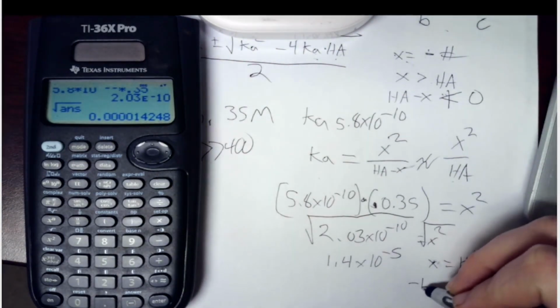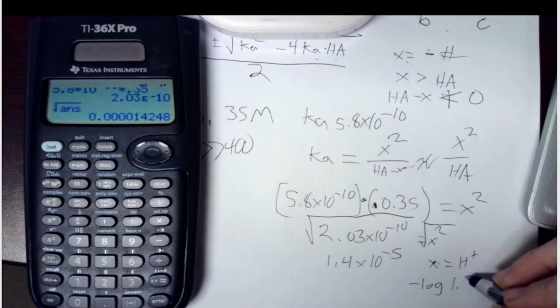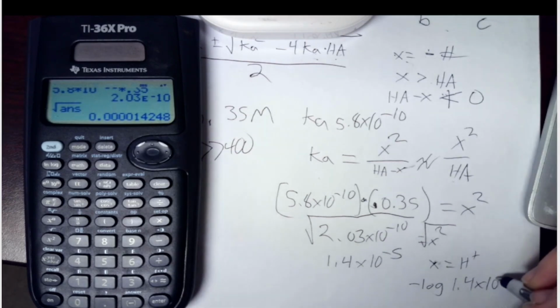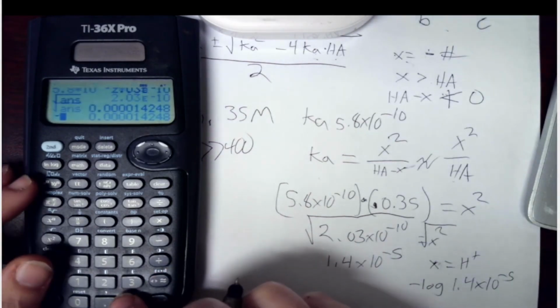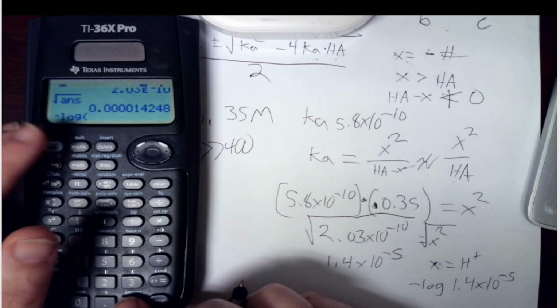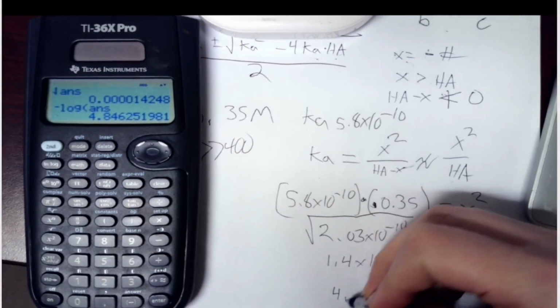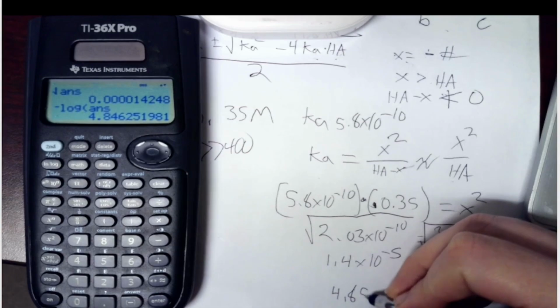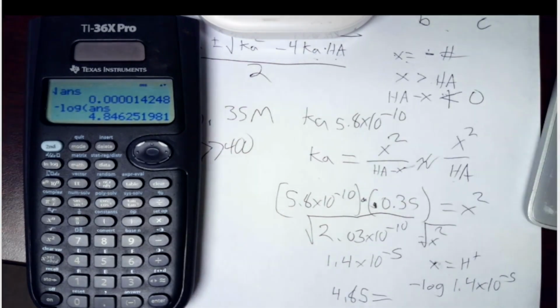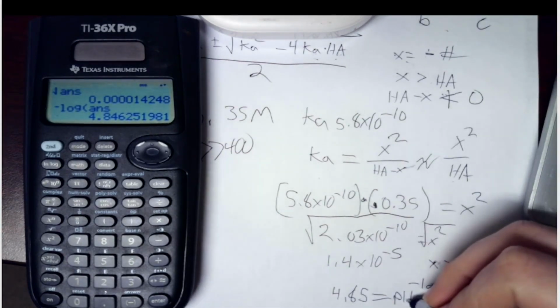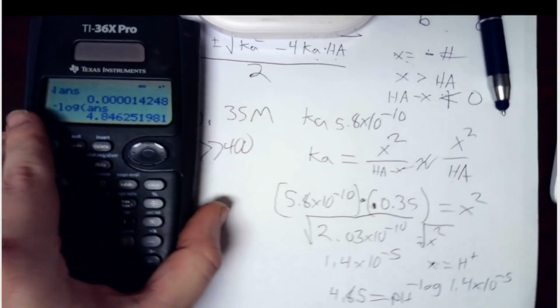And then the negative log of 1.4 times 10 to the negative fifth is simply 4.85. There's our pH, 4.85.